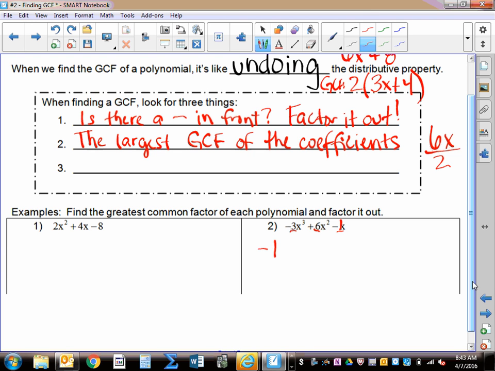And then the last thing we need to look for is our variables. When you take a look at our variables, the variables in common, remember, we can only factor out the variable with the smallest exponent.